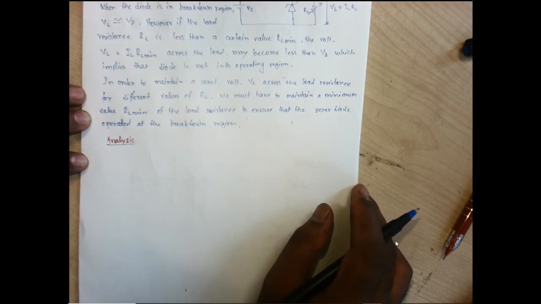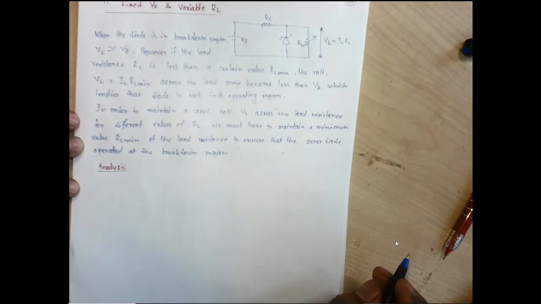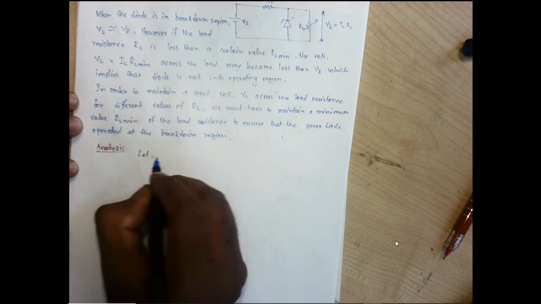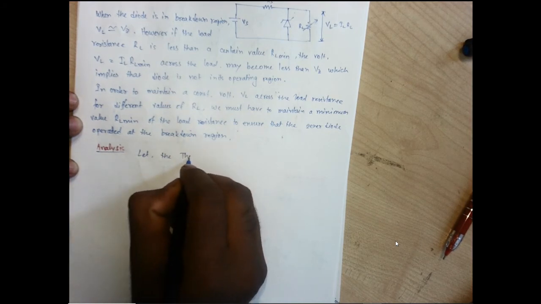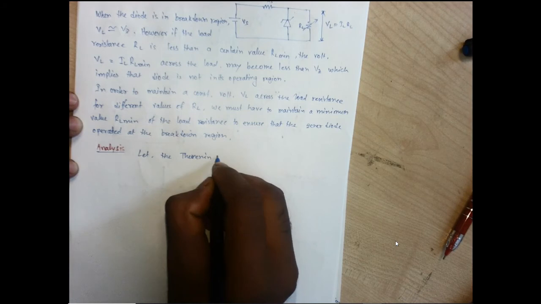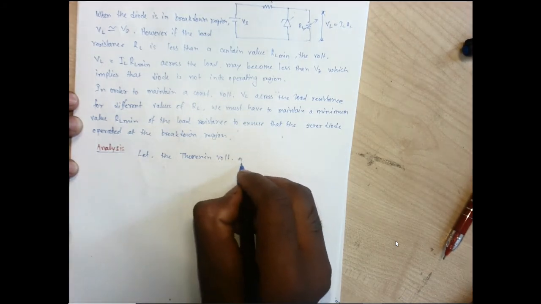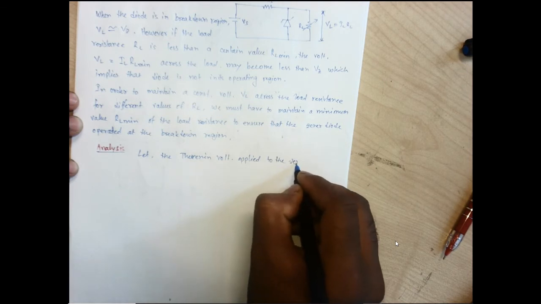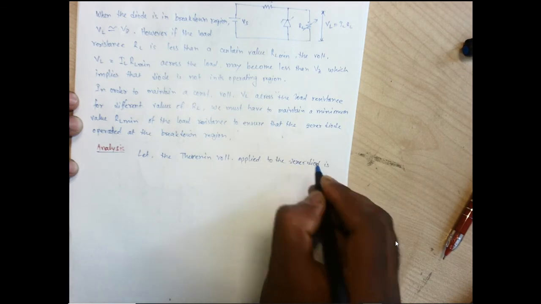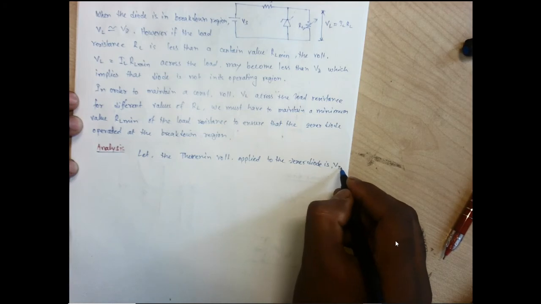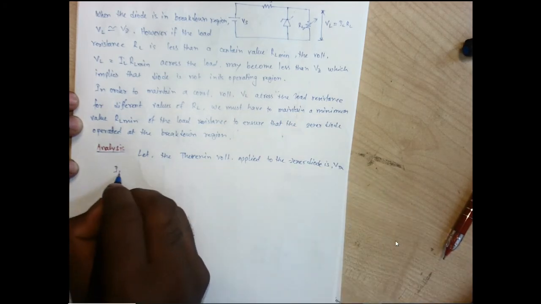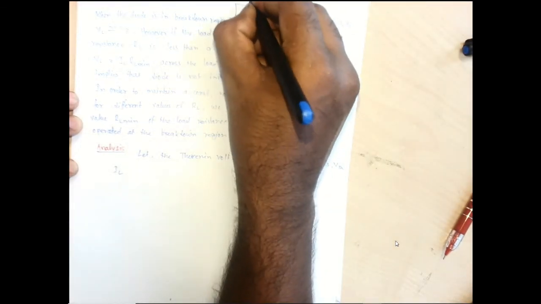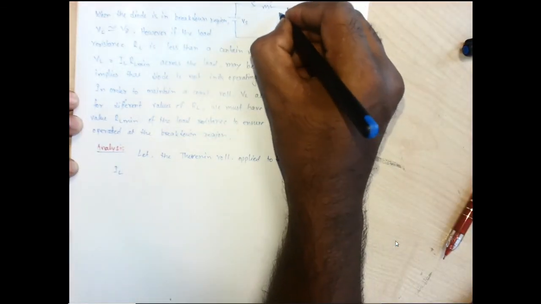So let us consider for this circuit diagram the Thevenin voltage which is applied across the Zener diode. Let the voltage applied to the Zener diode be VTH. The load current is IL, the series current is IS, and the Zener current is IZ.